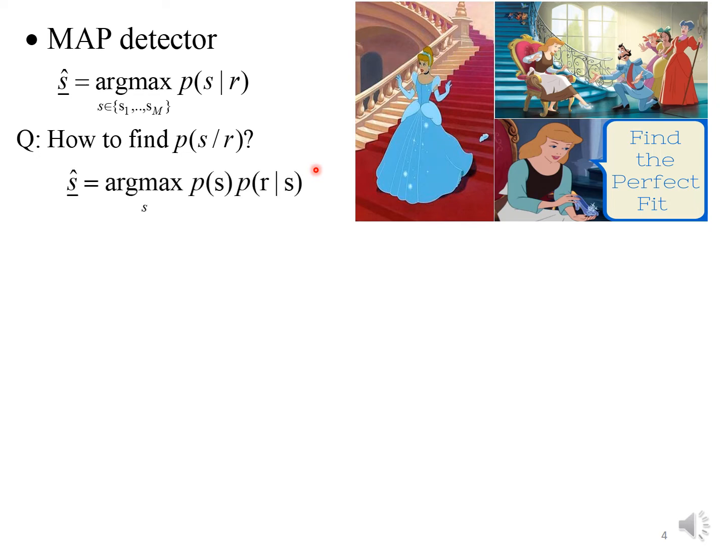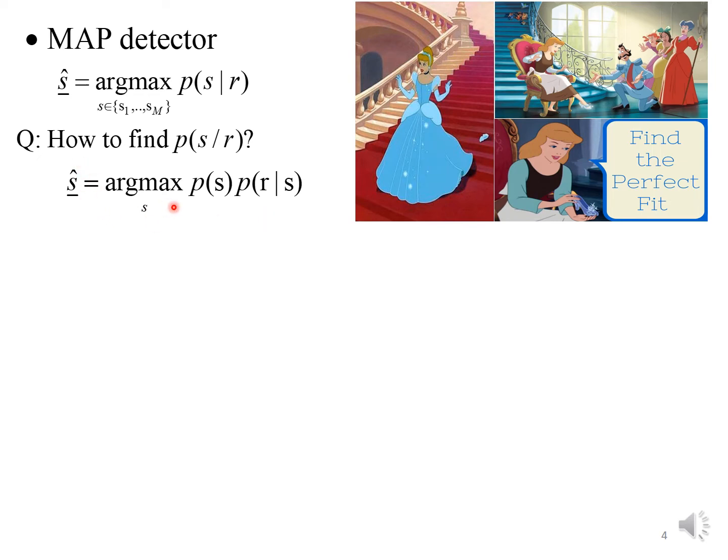Let's rearrange it. This conditional probability is the joint probability of R and S over P(R). P(R) is common and irrelevant to the different sources, so P(R) is removed.